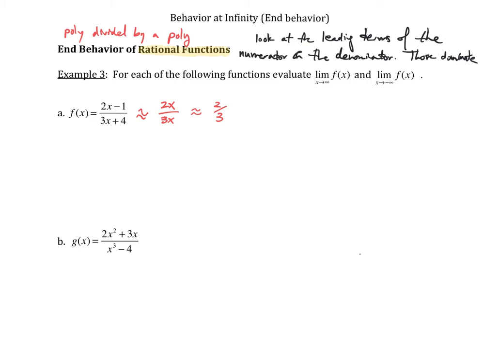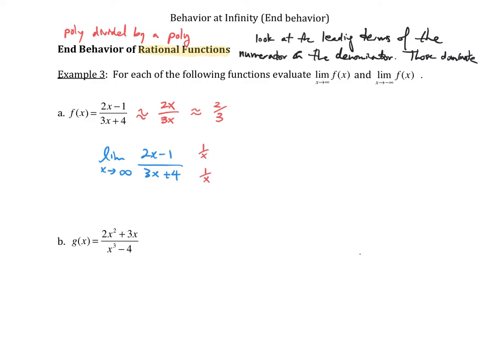When I actually go to solve the problem, I need to calculate a limit. I'm going to take the limit as x goes to infinity of 2x minus 1 over 3x plus 4, and I'm going to multiply by 1 over the highest power in the denominator. In this case, it's 1 over x and 1 over x.